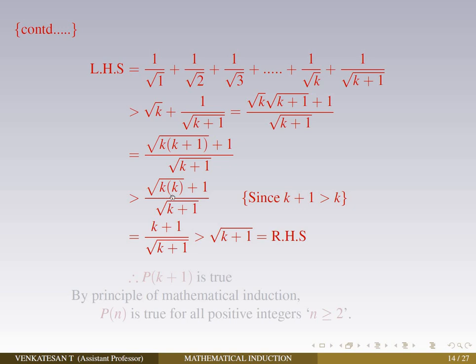We know that square root of k square becomes k on the next step. Hence, my numerator is k plus 1, and I don't make any changes in the denominator. I maintain the denominator as root of k plus 1. While cancelling it out, you will be getting root of k plus 1. That is my required right hand side. Therefore, P of k plus 1 is true. Hence, by the principle of mathematical induction, P of n is true for all positive integers n greater than or equal to 2. Thank you.